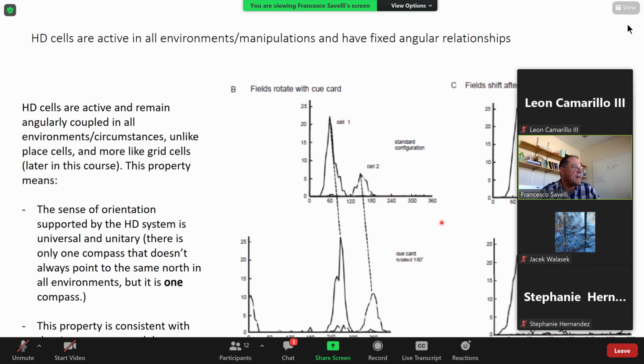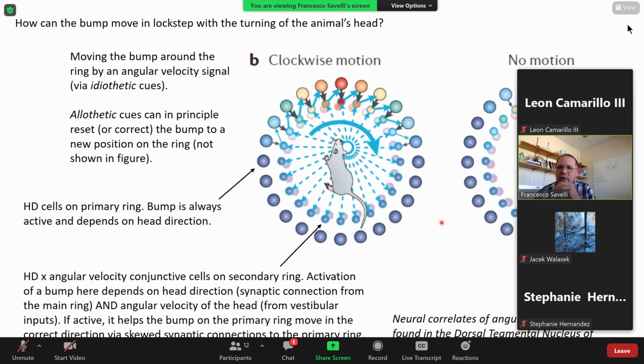Let's go one step farther and ask, how does it work really? What makes the bump of activity turn left and right, or rather clockwise or counterclockwise, in a way that reflects the animal movements? How does that bump of activity know where to move on the ring?